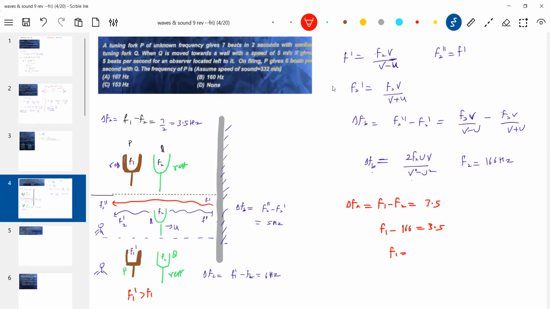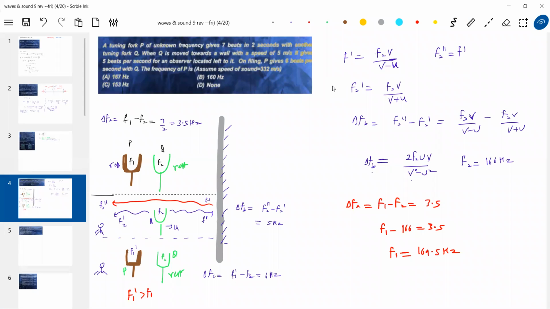So F1 is 169.5 hertz. This will be very tricky; we have to understand the situation. Sir, how did you decide F1 is greater than F2? I made a cross check.